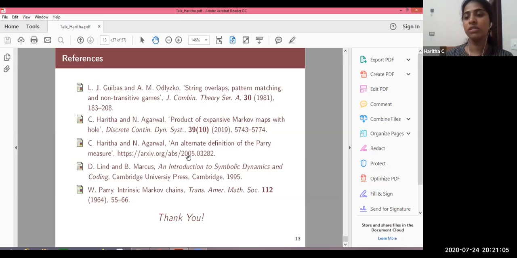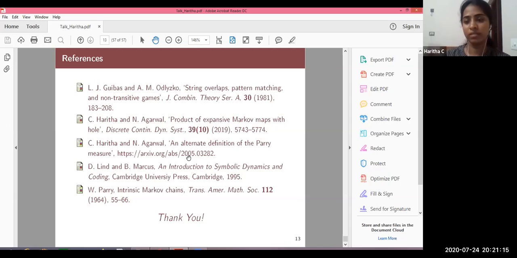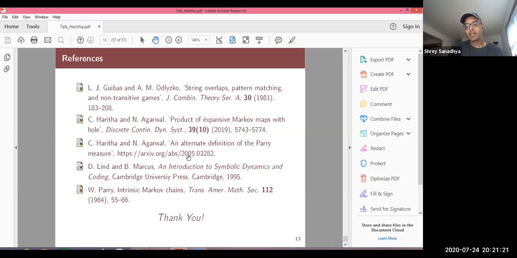Then we looked at the subshift on finite alphabets, and this is true only for finite alphabets. Yes, because the Perron-Frobenius theorem is not that easy for countable. And Parry measure is also defined only for finite alphabets. So is there any attempt to do this for countable?